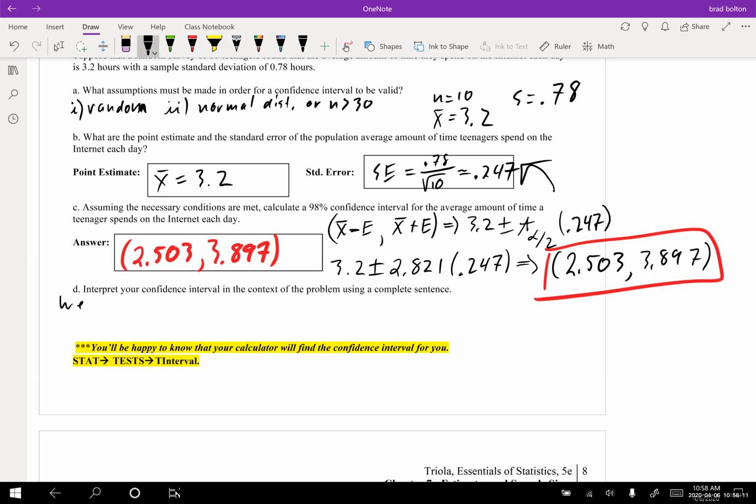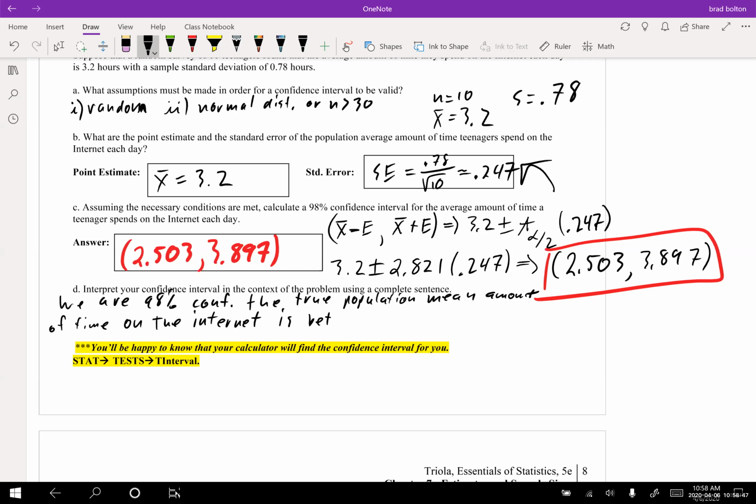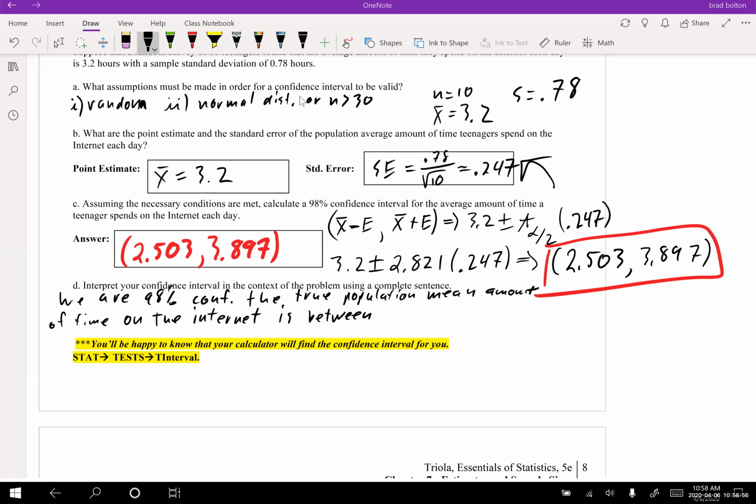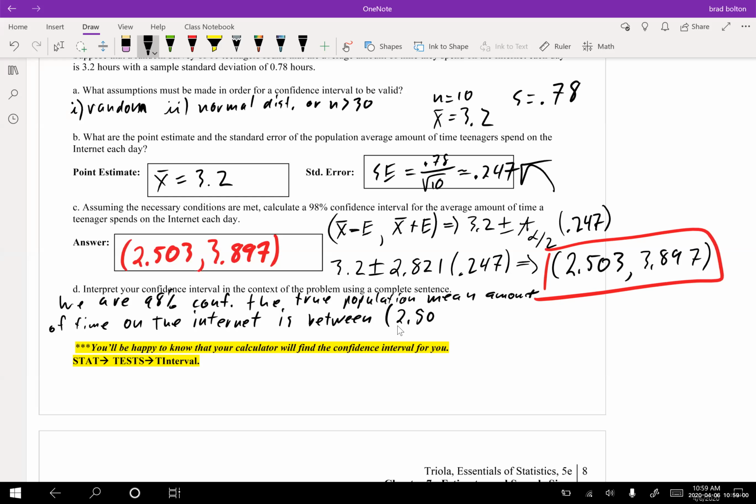So we say I am 98% confident that the true population mean amount of time teenagers spend on the internet is between 2.503 and 3.897.